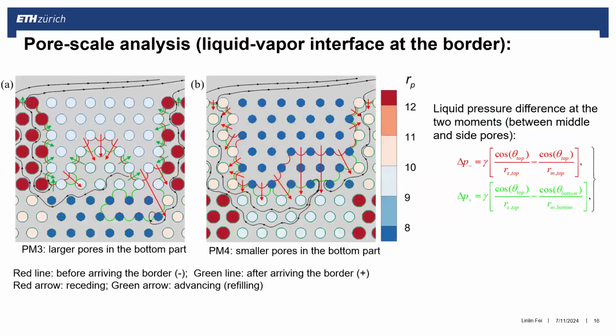Actually, this can also be explained based on pore-scale analysis of the pressure difference. If we have larger bottom pore size, we have positive pressure jump. Therefore, we will have refueling as shown in figure A. Otherwise, we will have receding here on figure B. Therefore, case A is better.